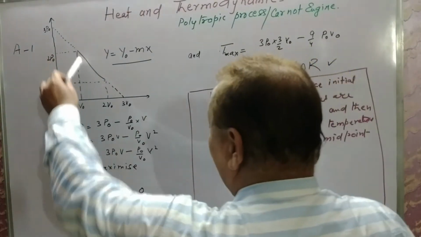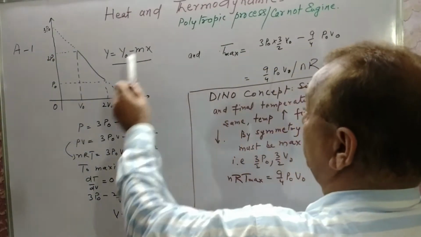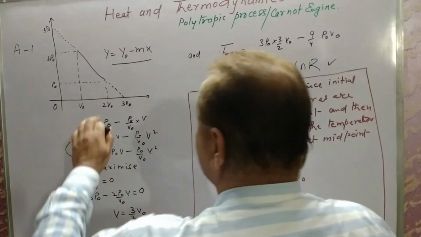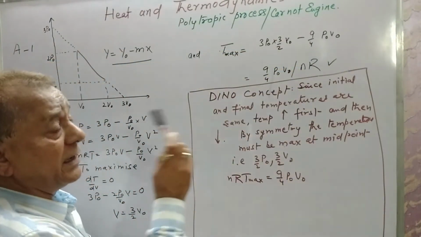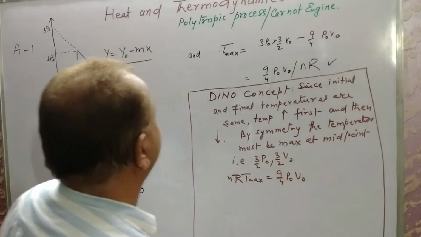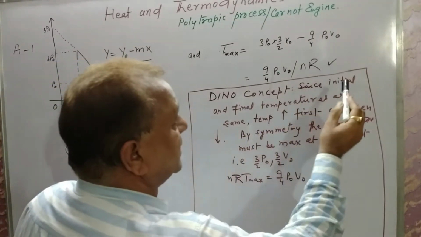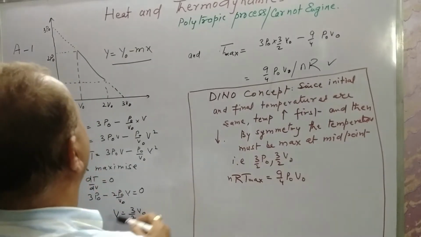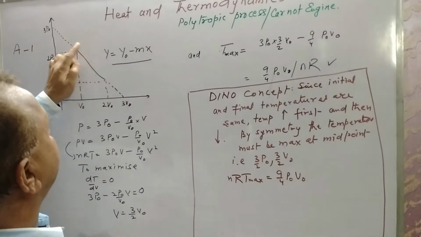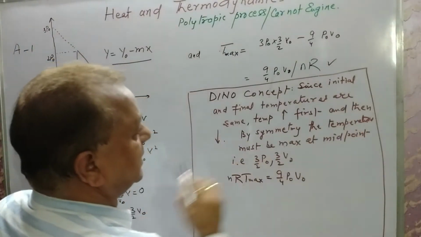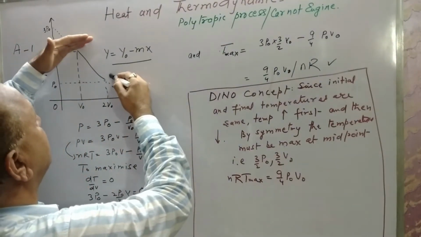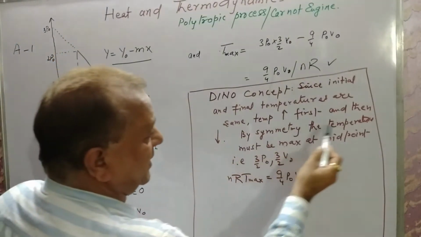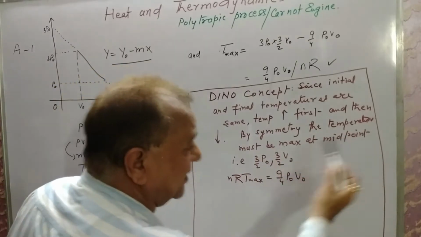You might have seen this is taking a lot of time, provided you took all the steps. Now apply your Dino concept. What is the concept? Since the initial and final temperatures are the same, the temperature must have first increased and then decreased. Now by symmetry, because it's a straight line graph, the temperature must be maximum at the midpoint.